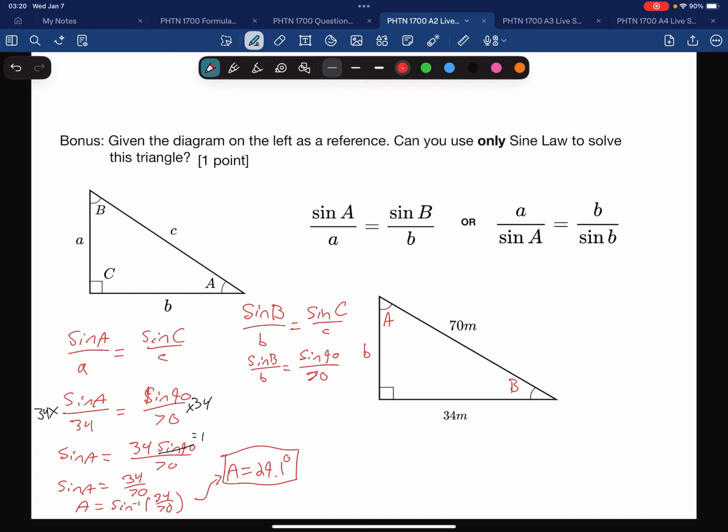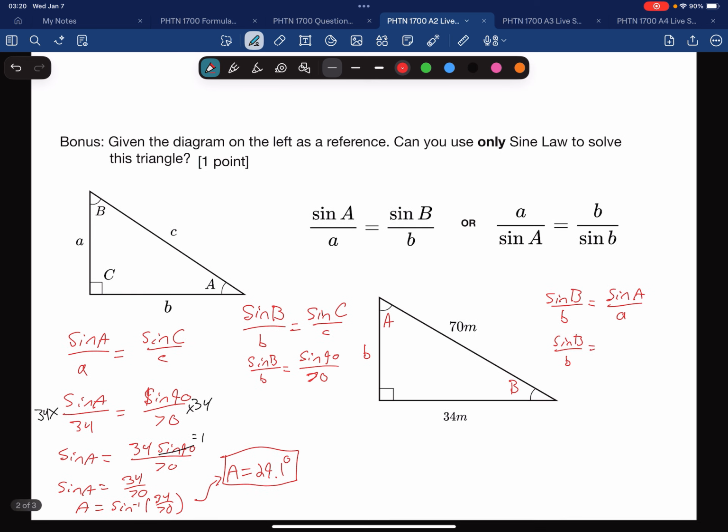And here we have a single equation with two unknowns, and you can go ahead and set up a second equation for this and say that sine B over B equals sine A over A. So again, sine B over B. And plugging in, we get the angle we just got, so sine 29.1 over 34.